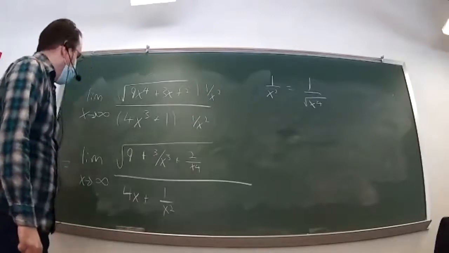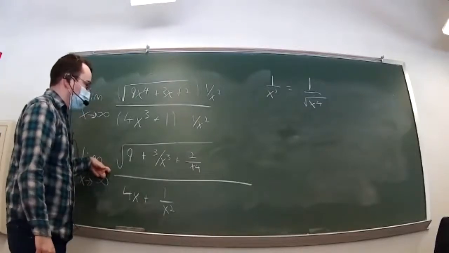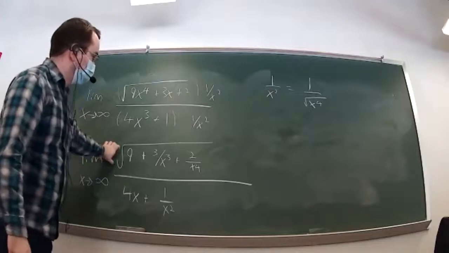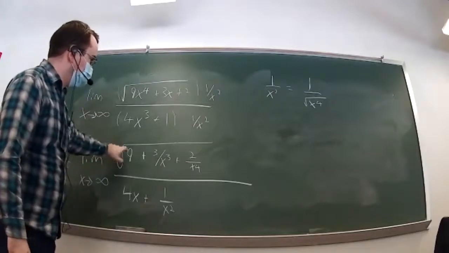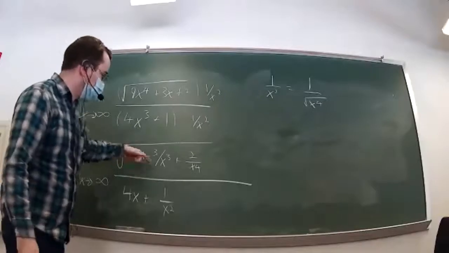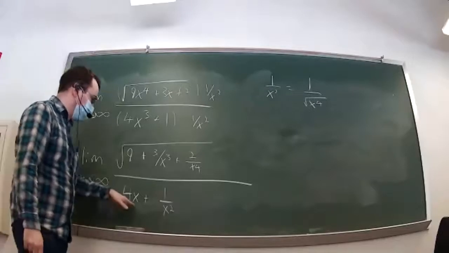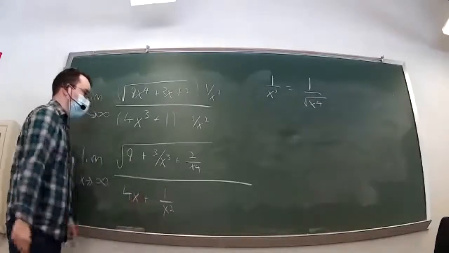And now, when it's written in this form, the limit of the numerator as x goes to infinity is 3. So the numerator really is tending towards 3. The denominator really is tending towards infinity because I'm getting x and 1 over x squared.